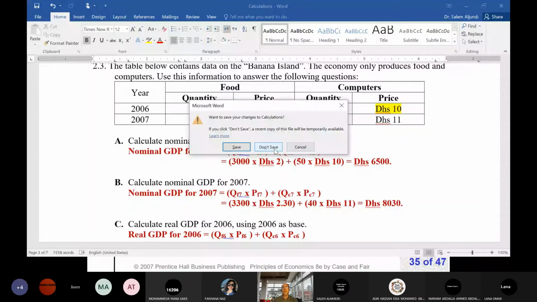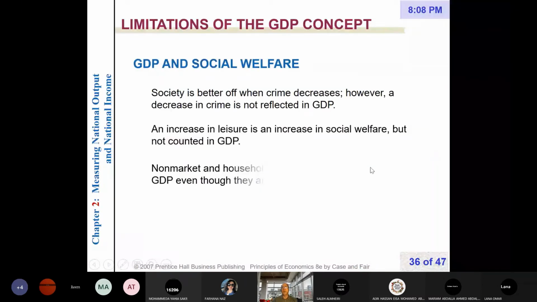We reach here. So now we will go to another topic, a simple topic. There is a question at the end of the chapter called: can we depend on gross domestic product to measure social welfare? To some extent, yes, but we cannot depend totally on GDP to measure well-being or social welfare.